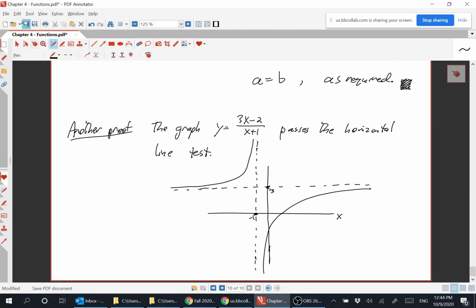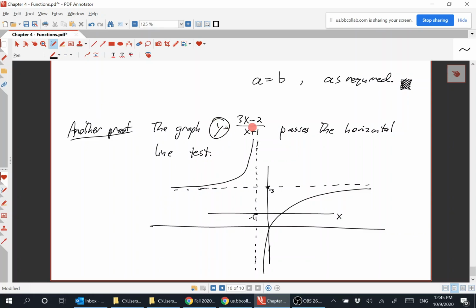Why does the horizontal line test mean anything, though? I mean, why is it that a horizontal line intersecting the graph at most one time tells you that you're 1 to 1? A horizontal line corresponds to what? The y. It corresponds to the range element, the y.